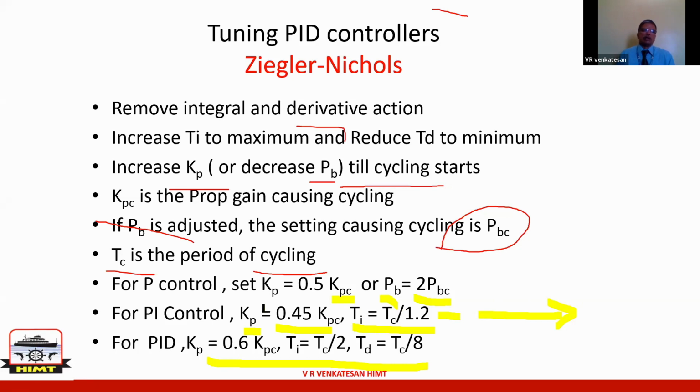This is in case the controller is only P plus I. But if it is a PID controller, then you will set it as 12 divided by 2. So you will set it as 6 seconds.